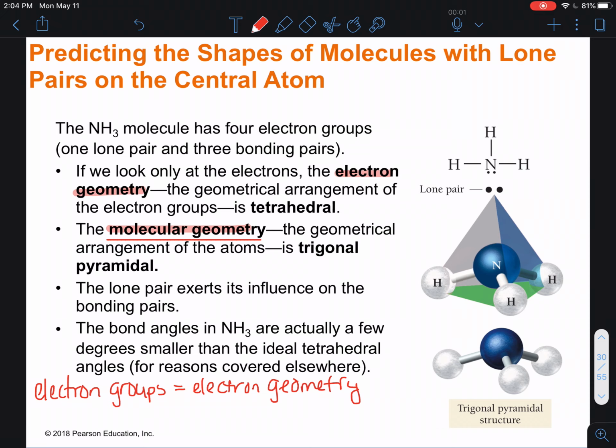The molecular geometry is a subcategory of the electron geometry where we just look at the lone pairs. So we assign our electron geometry, which was tetrahedral.